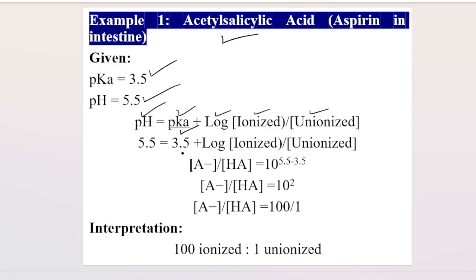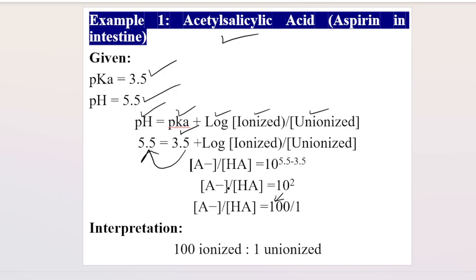Since the pKa is added here, on the other side it becomes minus, and the answer will be equal to 2. Then the log is on the other side, so it will be shifted again as antilog. When we take the antilog, the answer will be 10 raised to power 2, and 10 raised to power 2 is equal to 100.